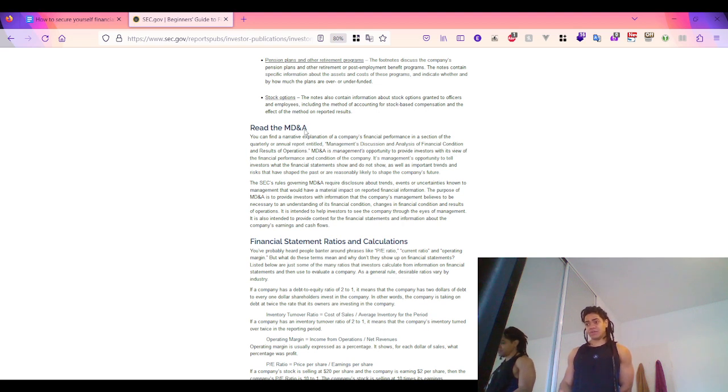So this is another piece of information you can find in the financial statements, the MD&A, a narrative that explains the company's financial performance over a period of time, such as quarterly or annually.